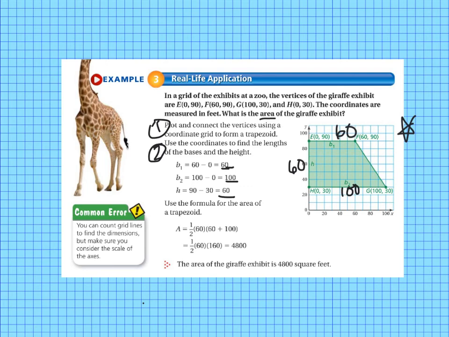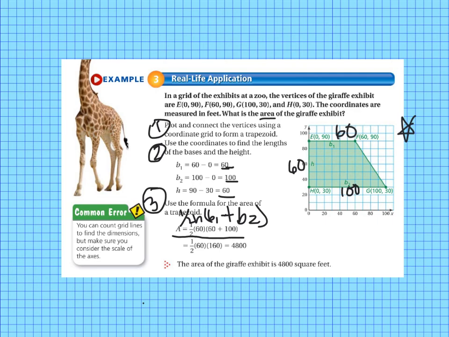And our next step is use the formula for area of a trapezoid to find the area of the exhibit. So remember, area of a trapezoid is 1/2 times height times base 1 plus base 2. So when we substitute in our numbers, this is what it looks like. And then we simplify that.